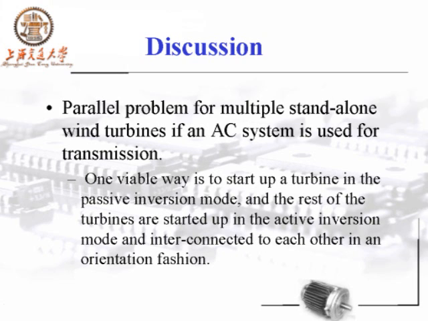The second is the parallel problem for multiple standalone wind turbines if the AC system is used for transmission. Because it's a standalone system, we start up one turbine in a passive inversion mode.